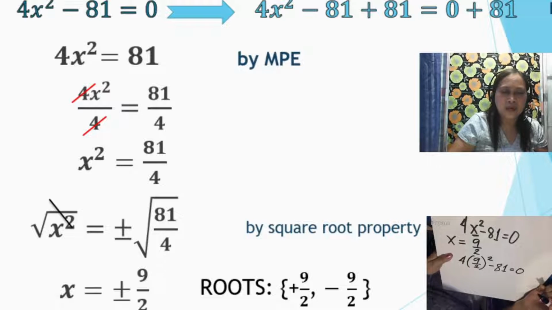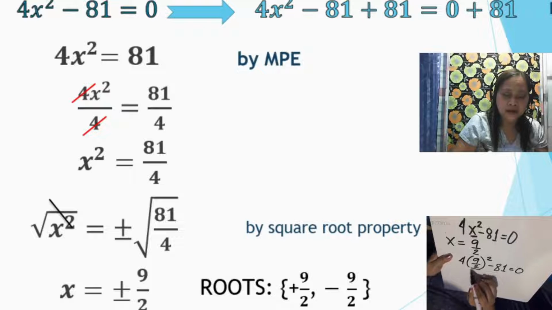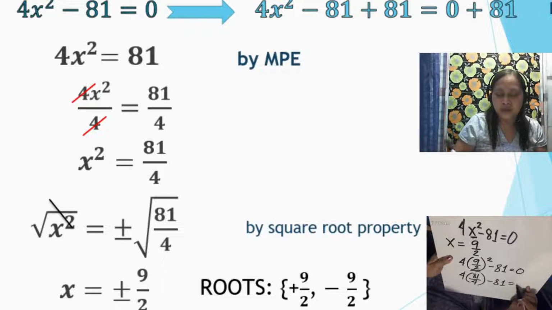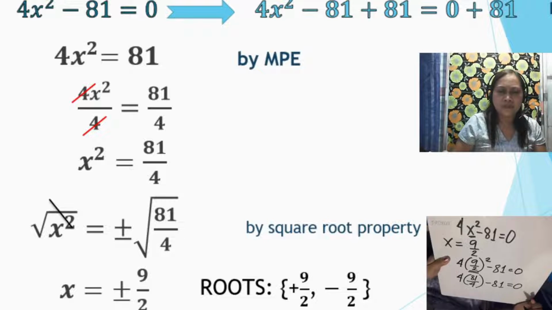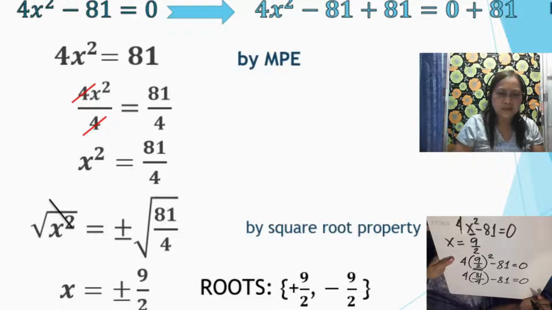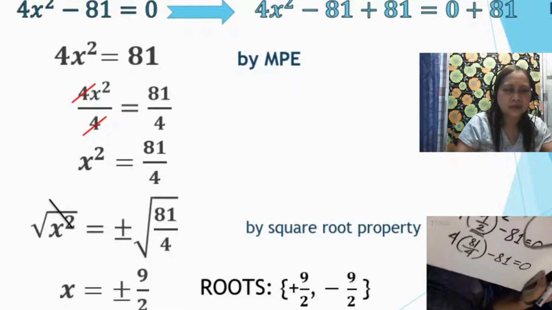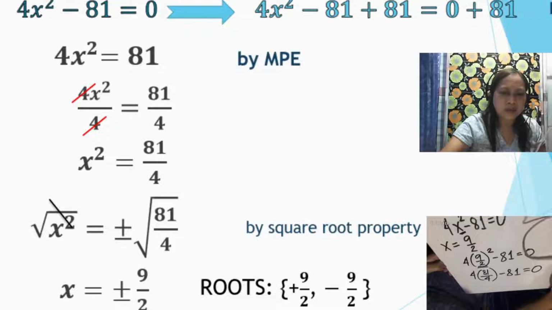So what are you going to do now? Of course, we will simplify this first. What is 9 over 2 raised to 2? So 4 times, what is 9 times 9? That is 81. And 2 times 2, that is 4. Minus 81 is equal to 0. So what happens next?